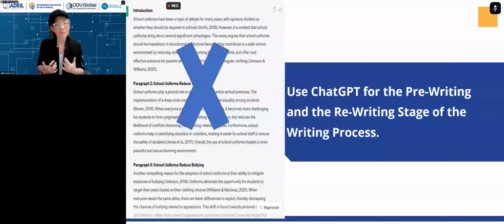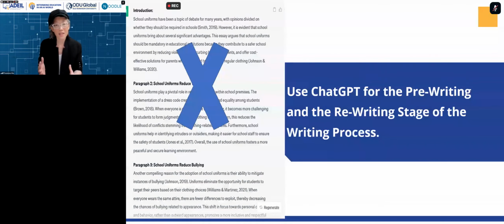And so I tell students to use ChatGPT for the pre-writing stage and the rewriting stage of the writing process, but not to have ChatGPT write your essay for you. Because if you tell ChatGPT, write a 5-paragraph essay, use third-person case on this topic, this is what will come out in ChatGPT. And so it does all the work for you.